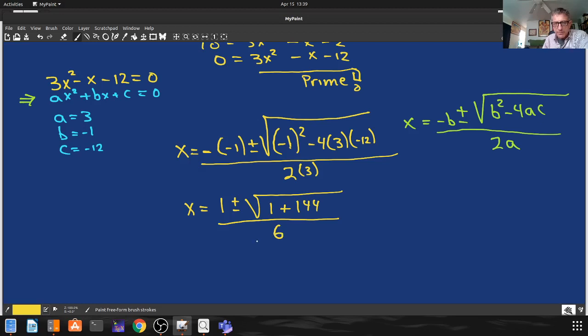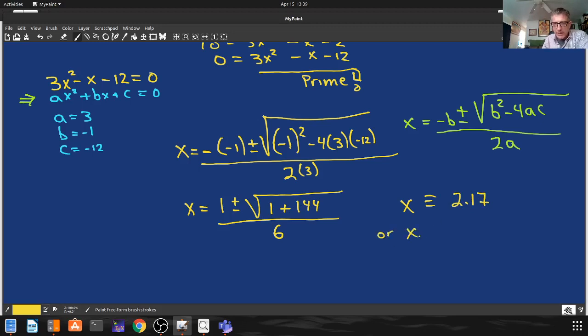So here you have to find out with the calculator what these answers are. And approximately, if I take the positive root first, I'm going to get x is about equal to 2.17. That's 1 plus the square root of 145 over 6.